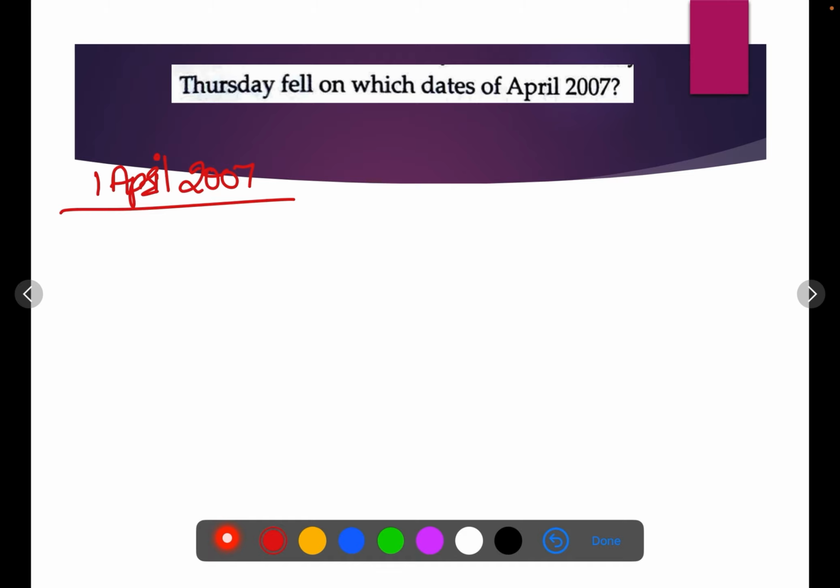So for 1st April 2007, I'll take the multiple of 400, which is 2000. So 2000 years, how many odd days? 0 odd days. Now for 2007, I have to pick up 6 years.